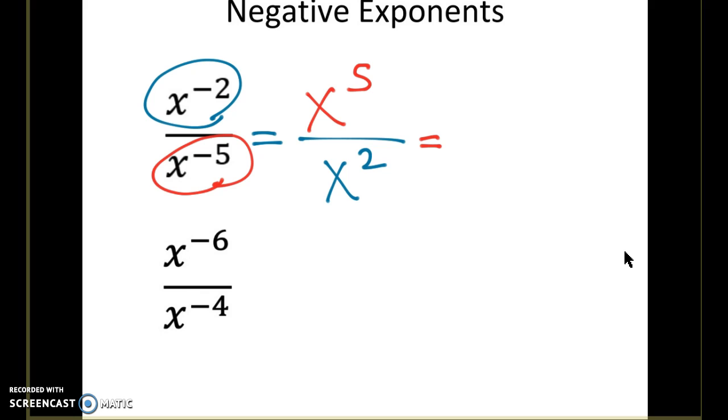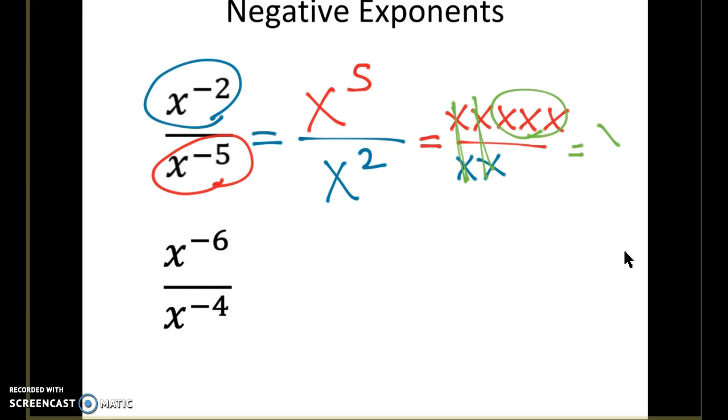And then when I expand this out, this is 5 x's, this is 2 x's, and then we can eliminate 2 of the x's. And my answer is just x cubed, and there's nothing left in the denominator. So I could say over 1 or just x cubed.